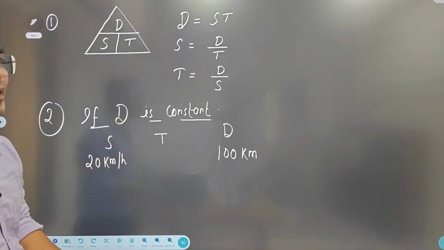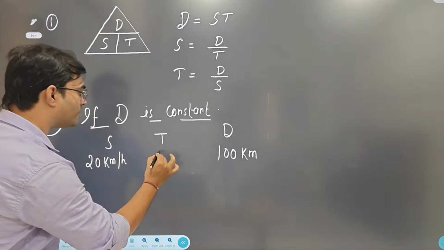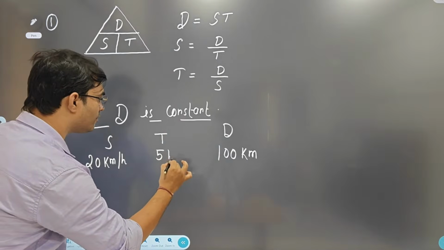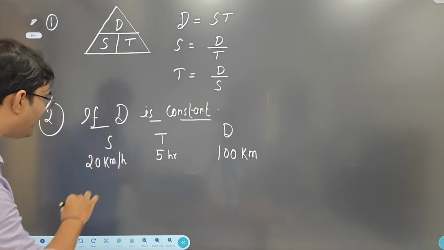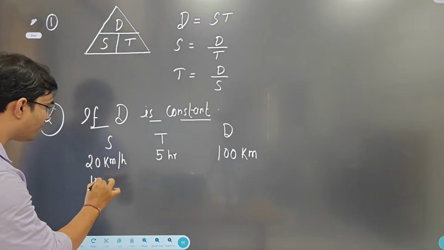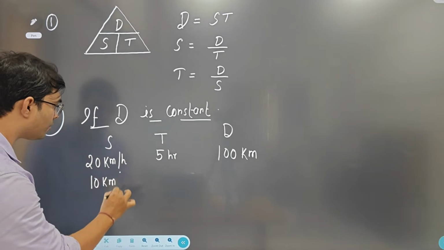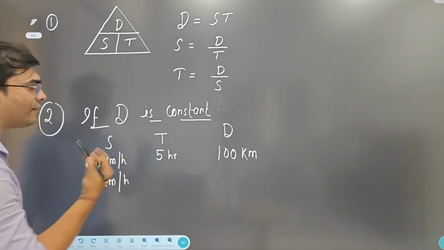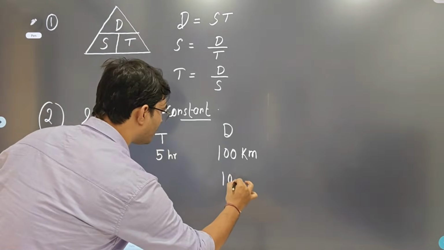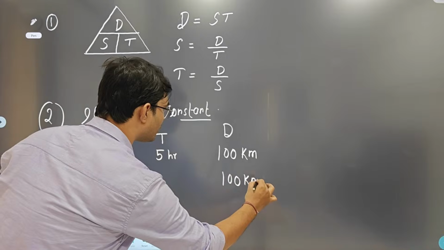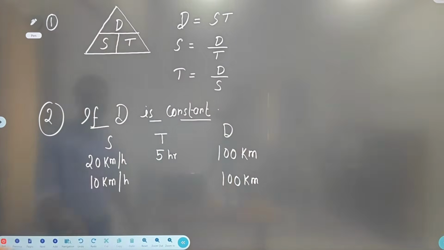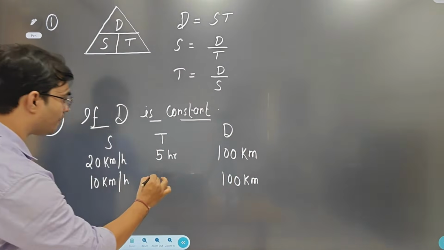Then what is the value of time? Time will be 5 hours. Fine. If the speed is 10 kilometer per hour, distance is fixed, which is 100 kilometer, then the time taken will be 10 hours.